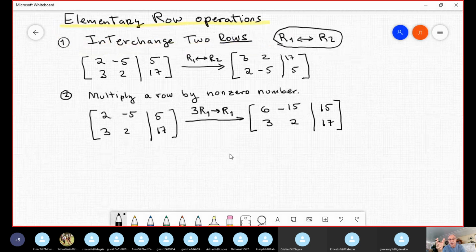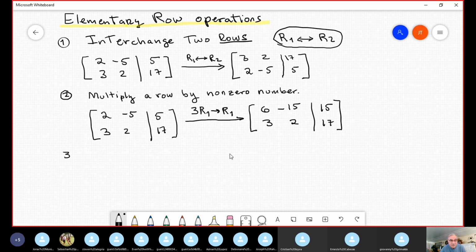When you multiply one equation, because I need to use it in elimination, for example, you multiply one equation by 2, another equation by 3. The equation doesn't change. It's the same. So if you multiply one row by a number, this matrix is equivalent to the original matrix.